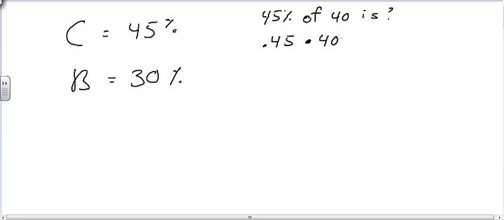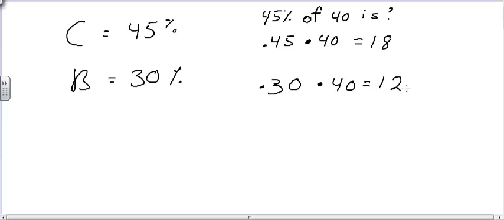I'm saying what is 45% of 40, meaning what is 0.45 times 40. That's going to be 18. Doing the same thing for my B grades, 30% of 40 translates to 0.3 or 0.30, either one, times 40 students. And when I do that, I end up with 12.